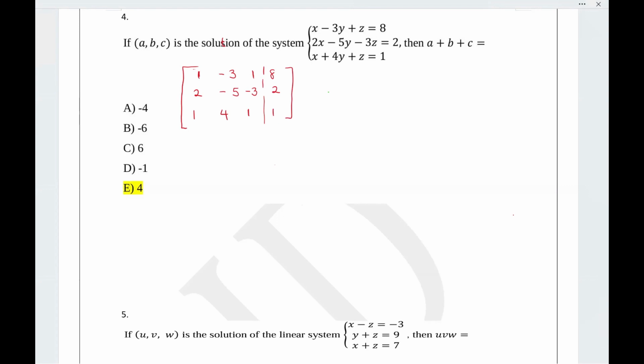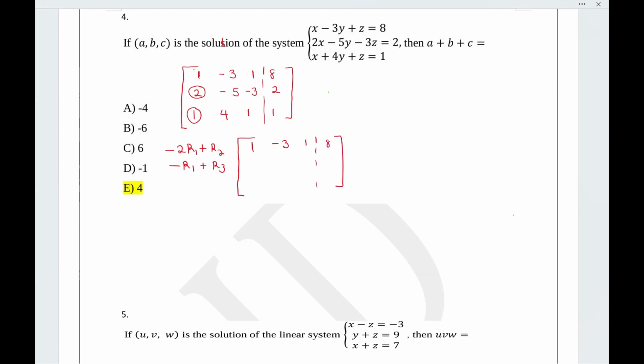You have to be very careful, because if you miss one term, then you'll be dealing with a wrong matrix. So now we have to take this to 0 and this to 0. We can apply -2R1 plus R2 and then -R1 plus R3. Applying that, this will still remain as 1, -3, 1, and 8.